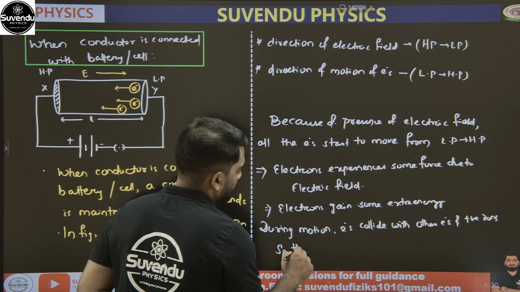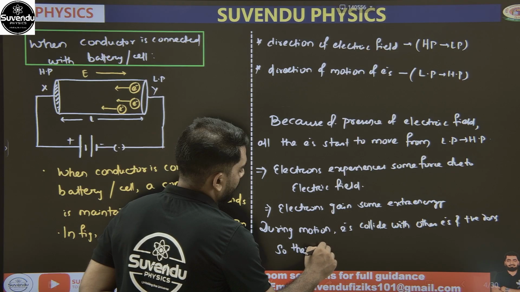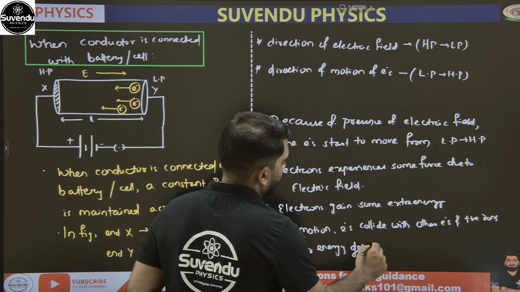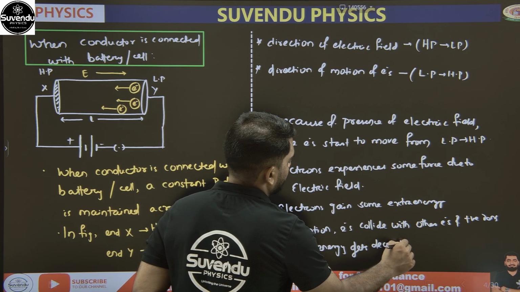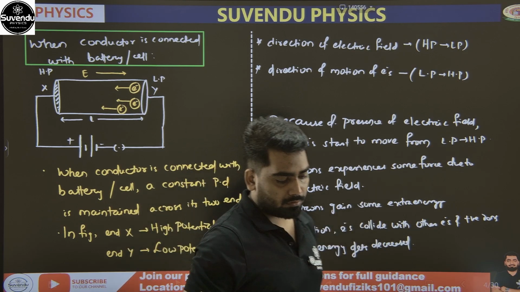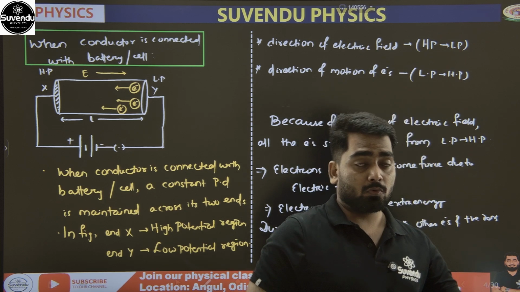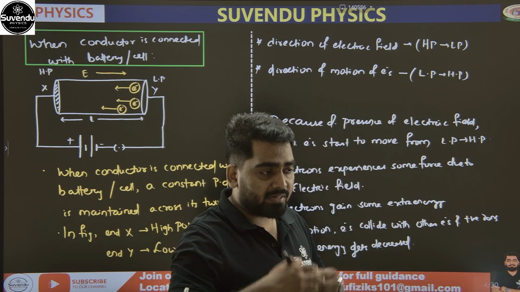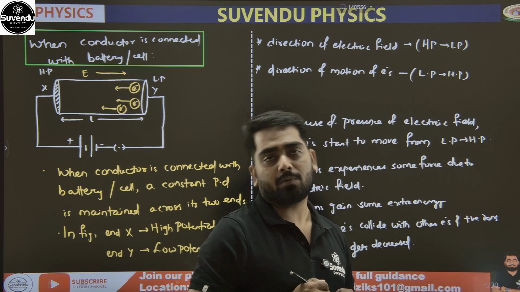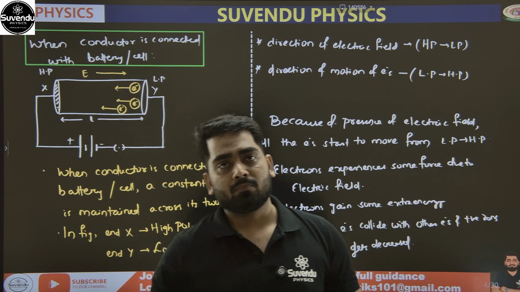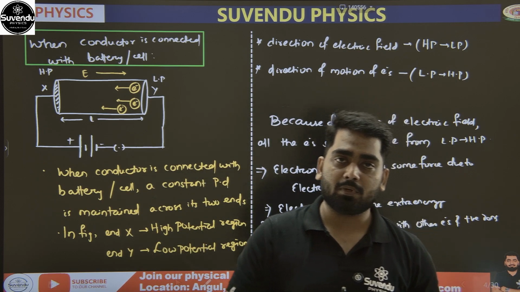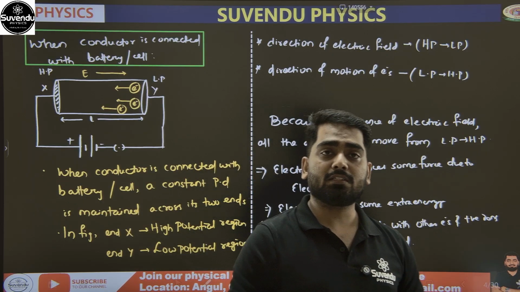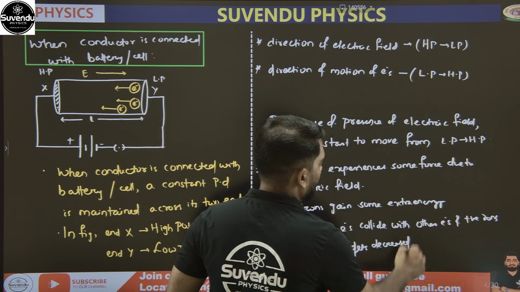So their energy gets decreased. Clear? That means due to the presence of electric field, electrons gain some extra energy. They experience a force. They start to move from lower potential to higher potential. During their motion, they will collide with other electrons and positive ions. What will happen? Then that extra energy gets destroyed, gets decreased or destroyed.